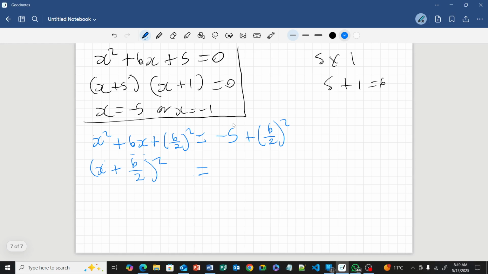So we are going to have minus 5 plus 6 over 2 squared. I got a 4.